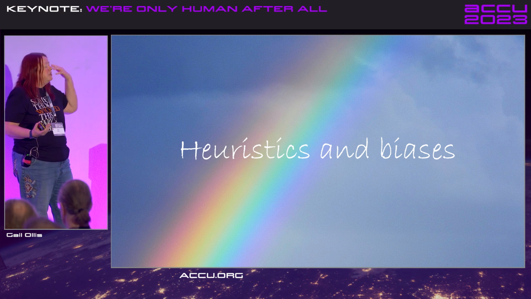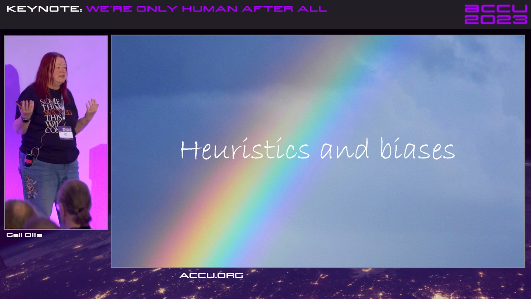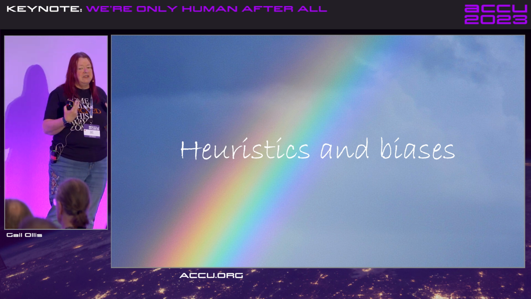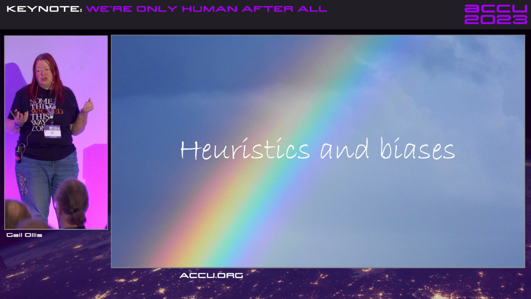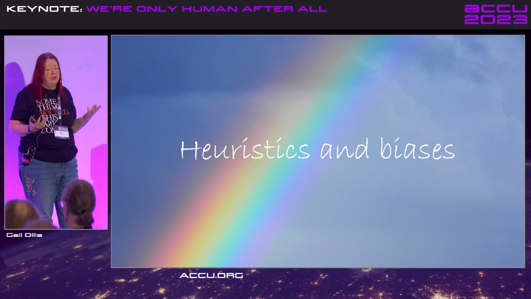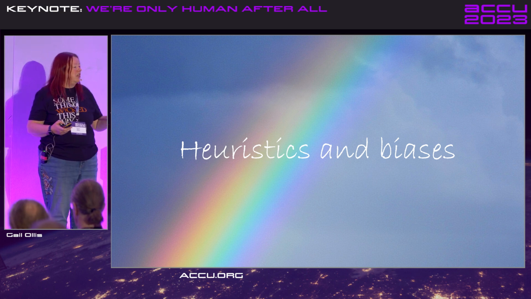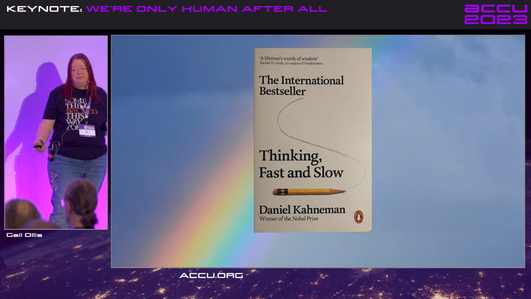We've got issues with how much data we can take in, how much of it we can process at a time, how much attention we can pay to it. We have constraints there that our 1.4 kilos of jelly do a pretty amazing job with. But there are some shortcuts we take to make that work. And they're a bit harder to measure in a quantitative way, but they do have observable patterns.